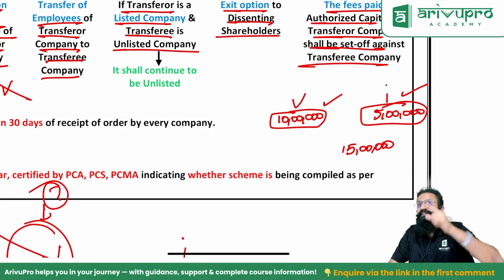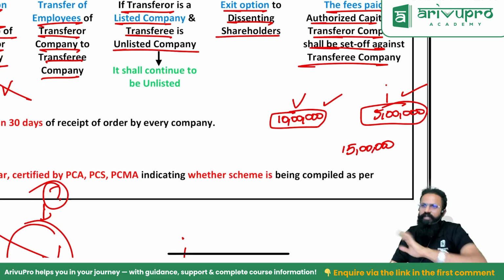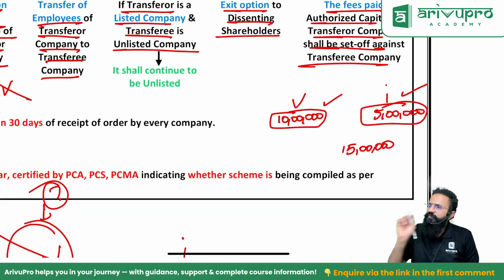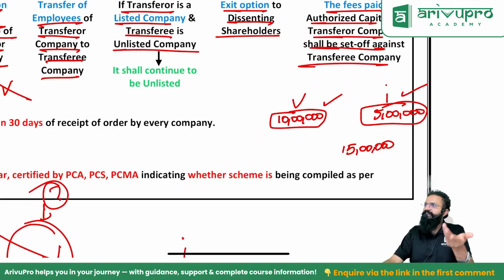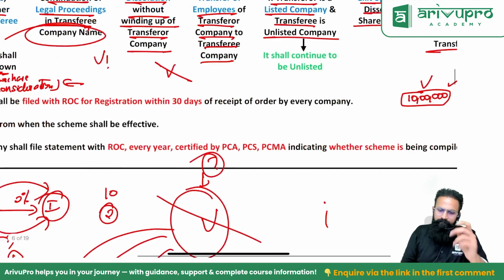You need not pay the fees again. Fees for regulatory authorities, whatever forms you file, will always be on the authorized capital. So if you have filed anything already, you need not file it again. That fees is considered as paid in the new company. Clear?